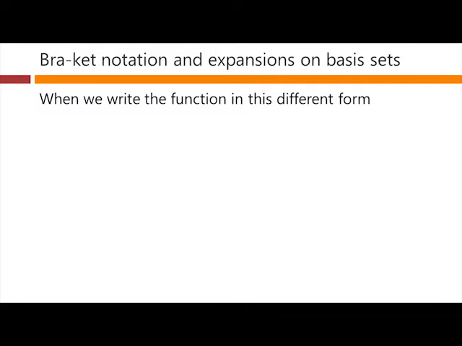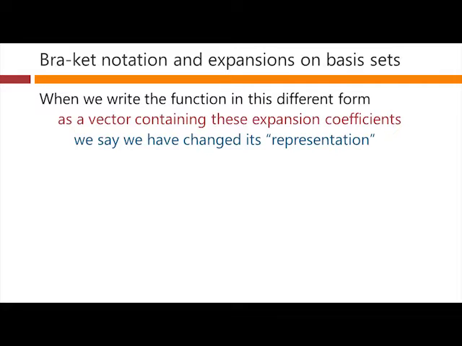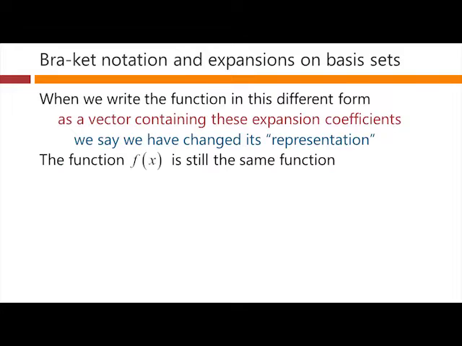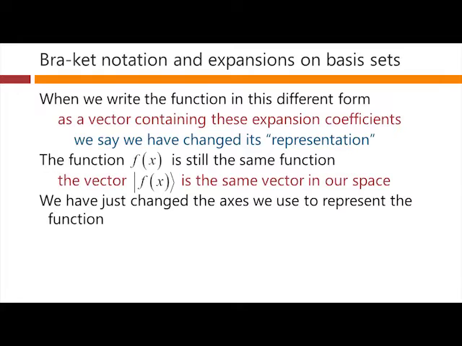When we write this function in this different form, as a vector containing these expansion coefficients, we say we have changed the representation of the function, but the function is still the same. We're just representing it in a different way. So the function f of x is still the same function we had before, and the vector is still the same vector in our space. What we've done, though, is by changing the representation, we've just changed the axes that we use to represent the function.